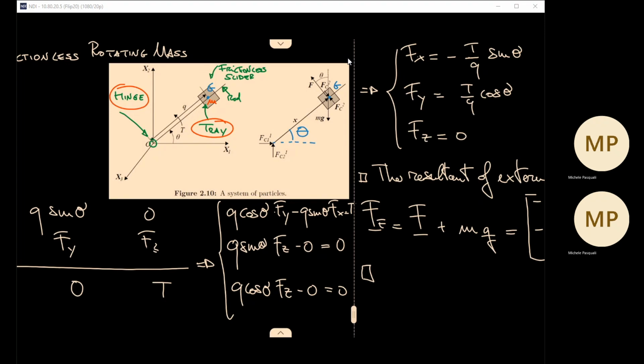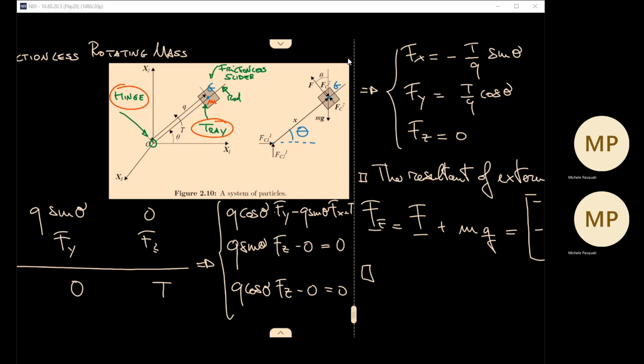I would say the hinge, we can fairly assume it's workless, because the displacement of the application point of the forces associated to this constraint is zero. So the hinge does not move. So the application point of the contact forces does not move. So the work associated to the contact force of the hinge is zero.